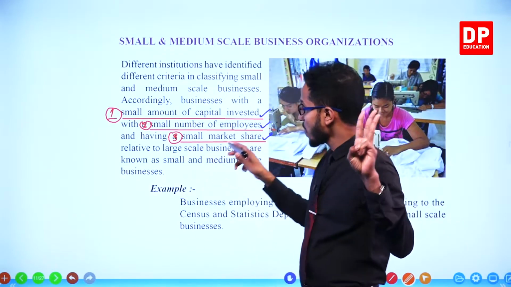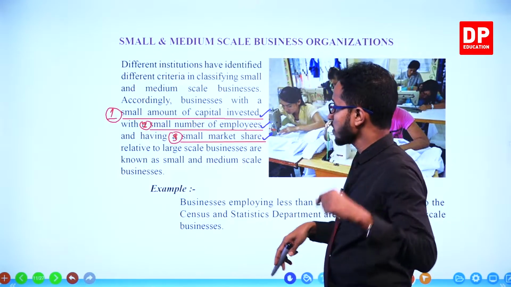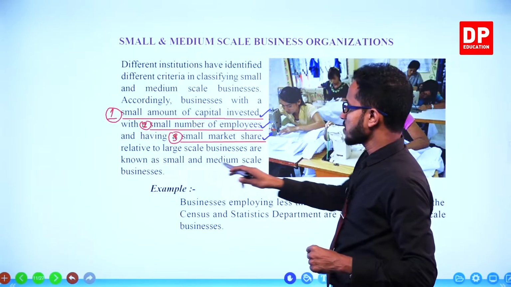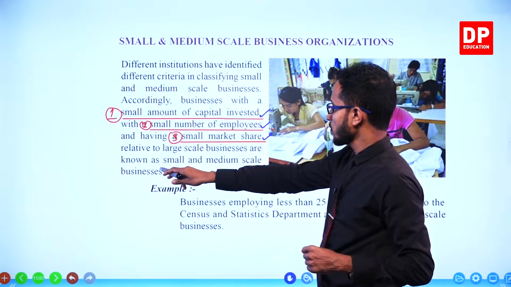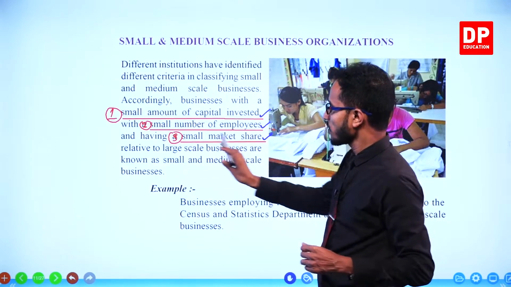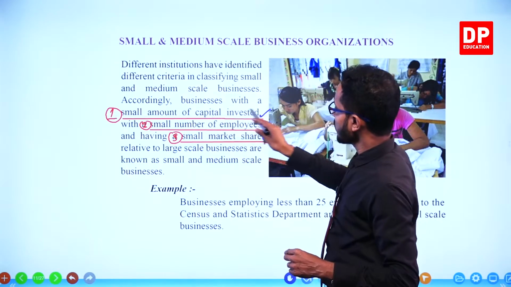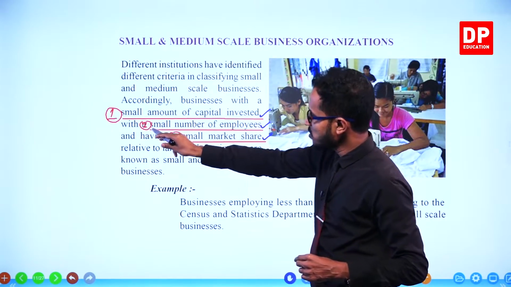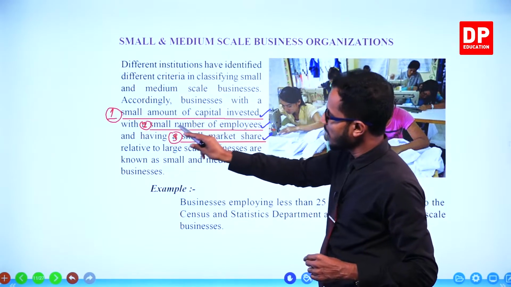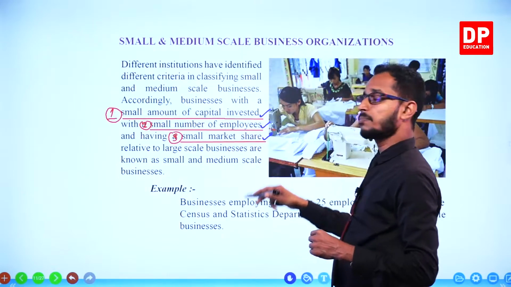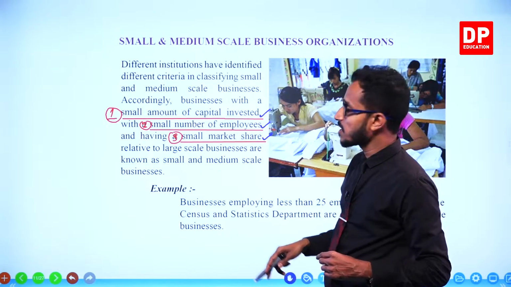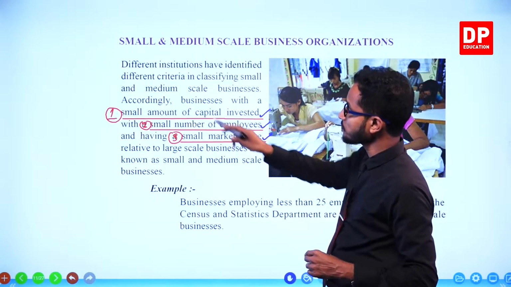Third one here is market share, right? Relative to large scale businesses. So with a small amount of capital invested, a small number of employees and a small market share, these are small scale businesses.